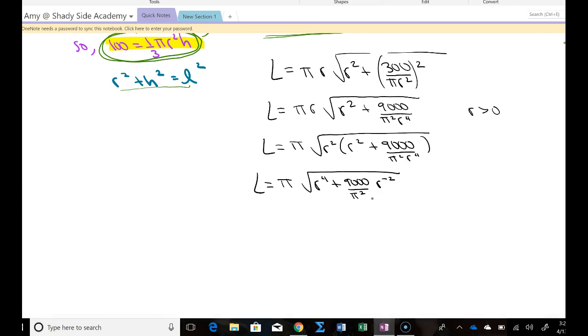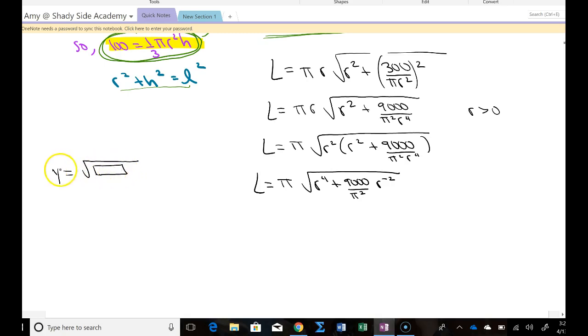But guess what? I have another helpful hint for you. L equals some number times the square root of this, okay? Would you agree that, let's walk over here, if I have y equals the square root of something, and y is smallest, y is going to be smallest when the radicand is smallest?